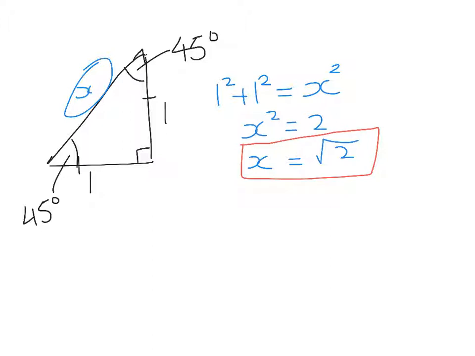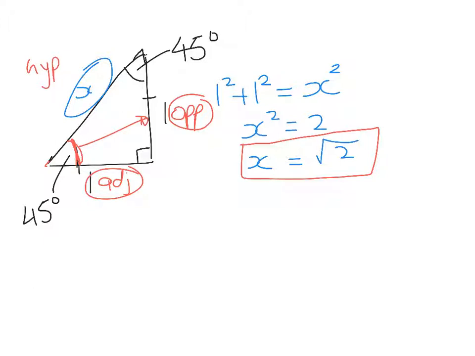Okay, so now we do the same thing as before. This time it's easier because we've only got one angle, which is 45 degrees. We start by labelling. So this is the opposite side, this is the adjacent side, and this is the hypotenuse. What does that get me?